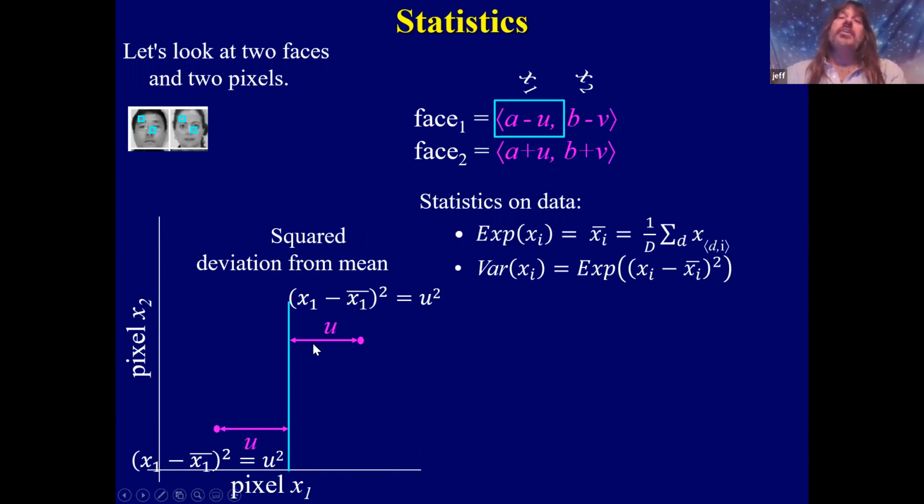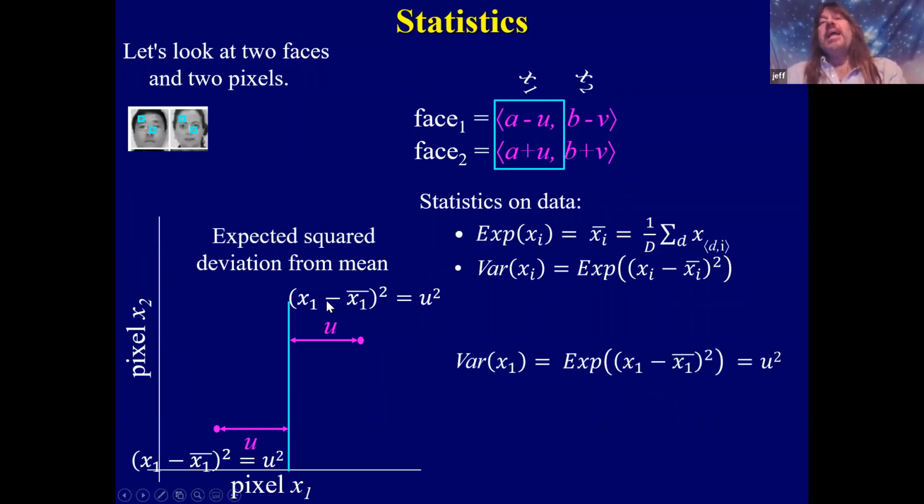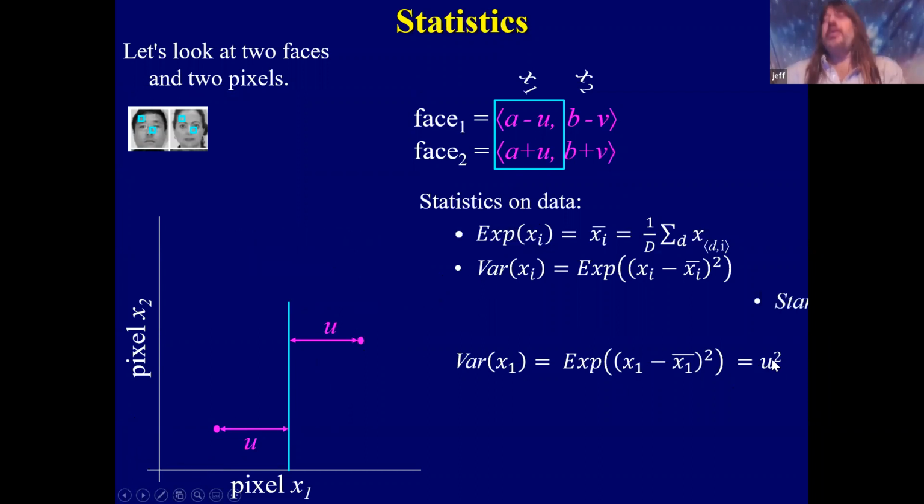So this positive U and this negative U are both going to become U squared. And then what's the expected value of that? Well, in this case, the value is U squared in both cases. So the expected value is U squared. That's the variance, is U squared.